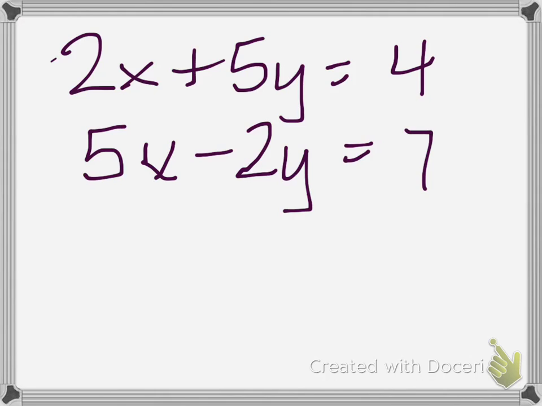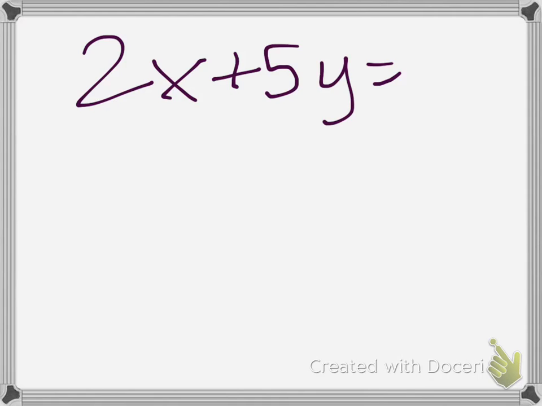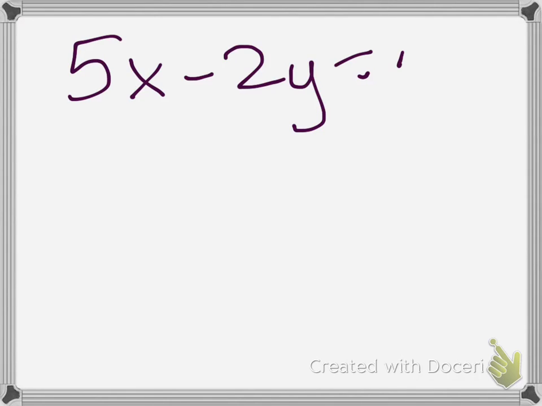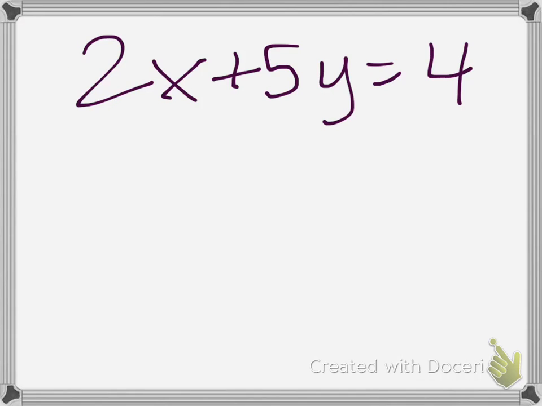I'm going to write each equation on another page. I'm going to have 2x plus 5y equals 4. And on the next page, I'm going to write 5x minus 2y equals 7. We have to change these from standard form to slope-intercept form. So what we're going to do first is solve for y. We're going to make this say y equals mx plus b.